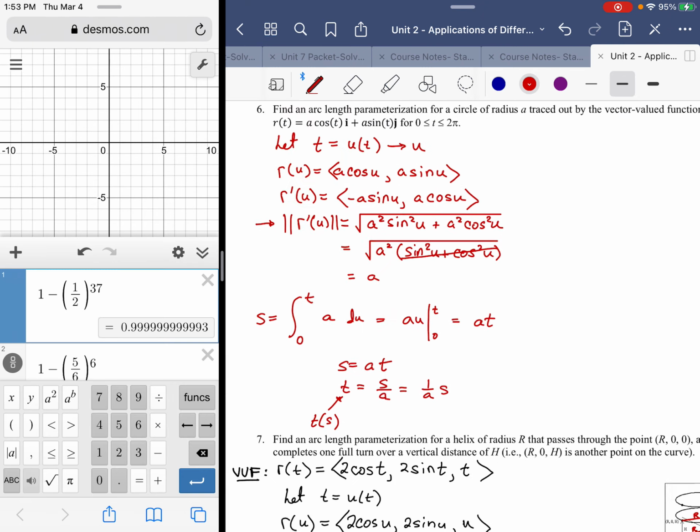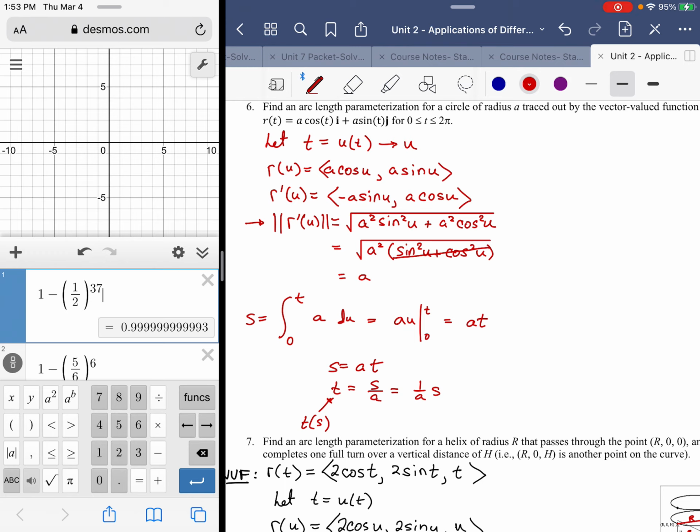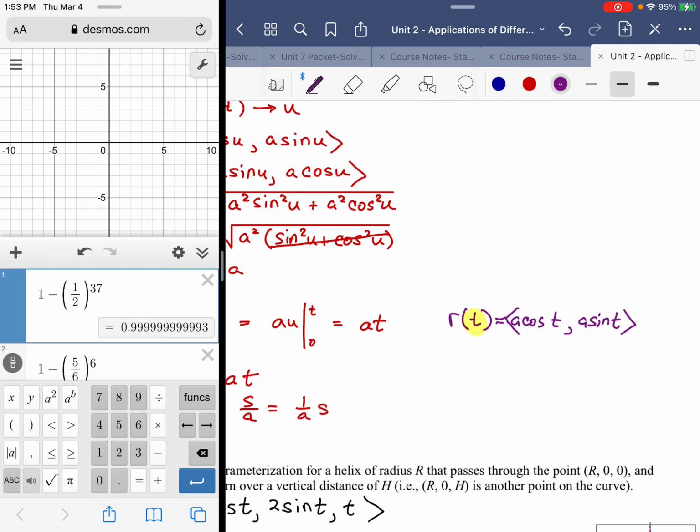So in our original vector valued function, which for simplicity was written as r of t, but it could have been r of t of anything, we are now pinning it down by saying we're going to replace that t with a function t in terms of s. So r of t is equal to a cosine t, a sine of t, but now we're thinking of this as t of s.